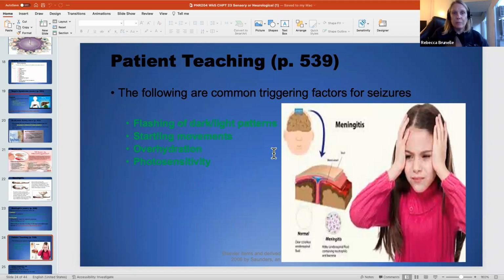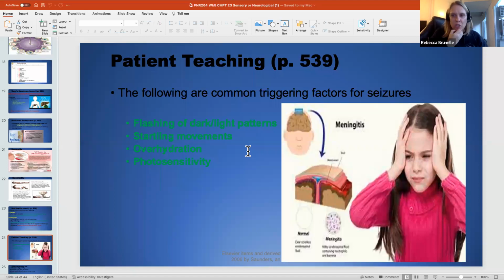Sometimes patients that have meningitis can have seizures, so just be aware that is possible. And in the general population, certain things can provoke seizures in addition to meningitis: flashing patterns of light, like a light going on and off really close to them, being overly hydrated, and if they're really prone, startling movements.